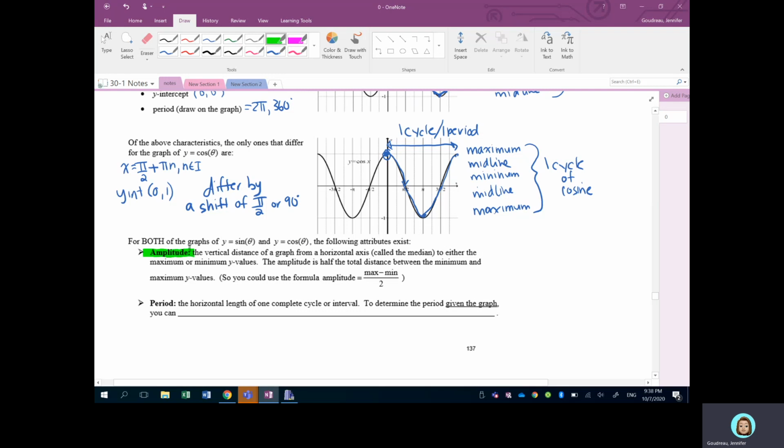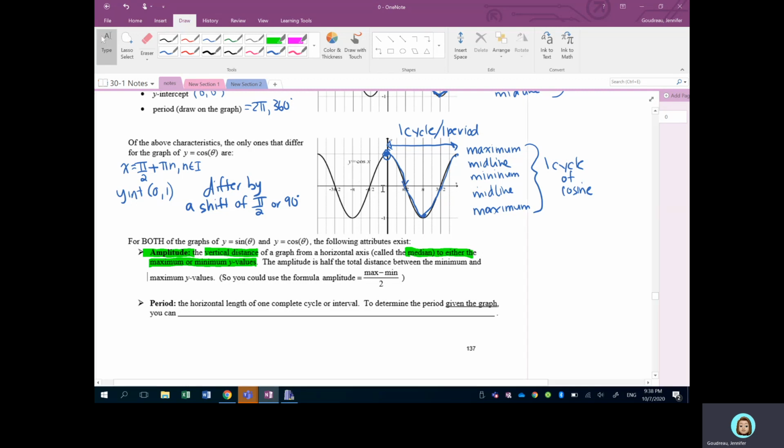Now, amplitude is the vertical distance of the graph from the median or the midline, so from the median to either the maximum or minimum values. So amplitude has to do with the height of the wave. Now we need to be careful. Amplitude is not the total height of the wave.